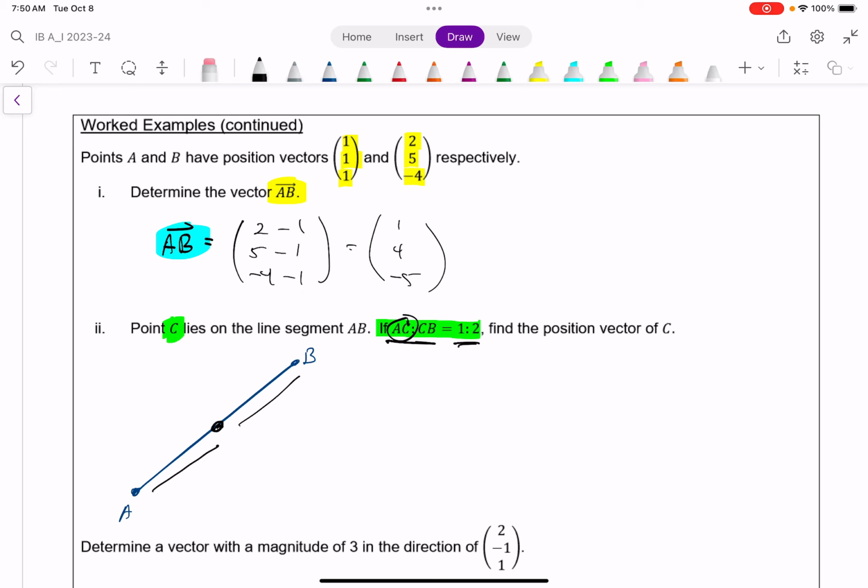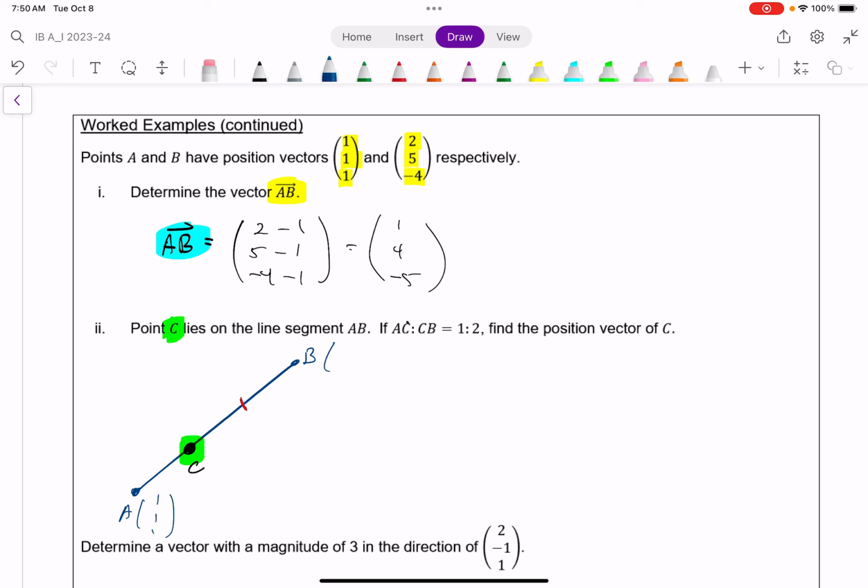Which means if I want to make my diagram a little more to scale, I should probably adjust what that dot is. And so A to C is half the distance from C to B, so something roughly like this. So there's point C, which again means the distance from C to B is twice as much. All right, so now where's C? Well, keep in mind we know where A is, it's at 1, 1, 1.